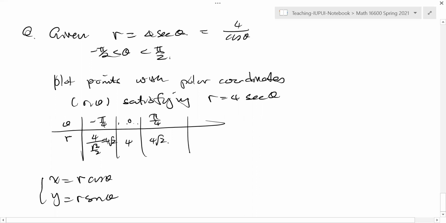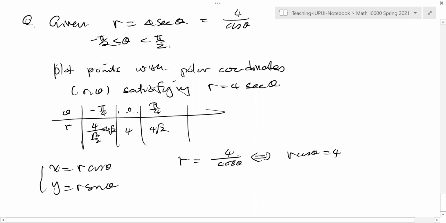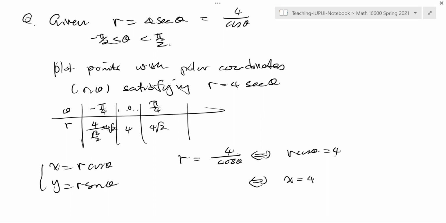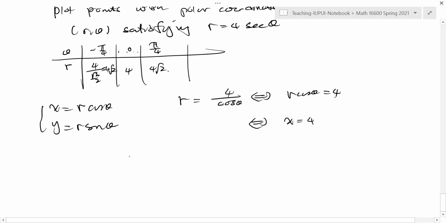So r equals 4 secant theta is equivalent to saying r cosine theta equals 4. In other words, that equation describes x equals 4. So what does that mean? That means this is just a line in the xy coordinate system.